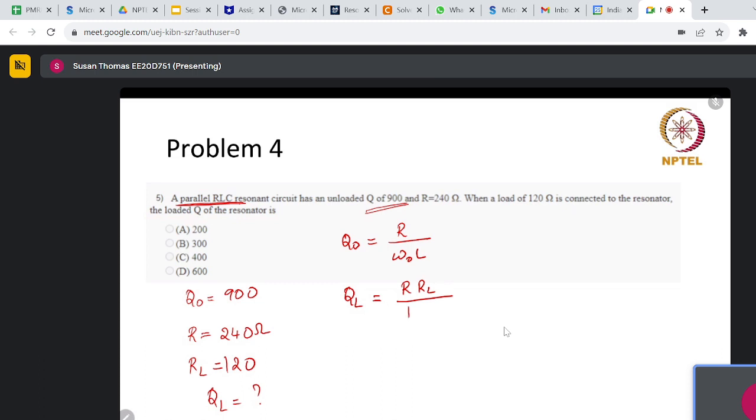So R RL divided by R plus RL into omega naught L. So in this expression, R by omega naught L is nothing but Q naught. So Q naught into RL by R plus RL.